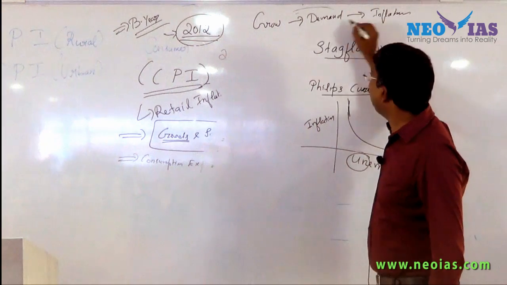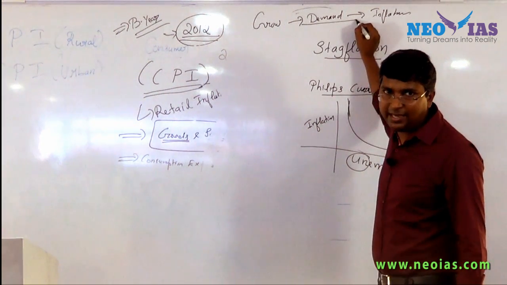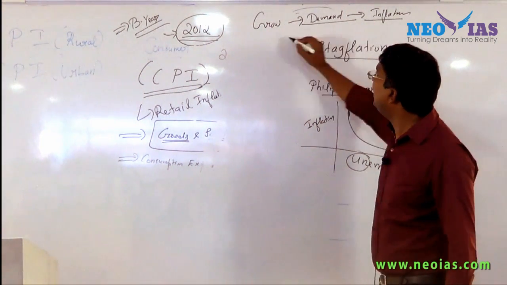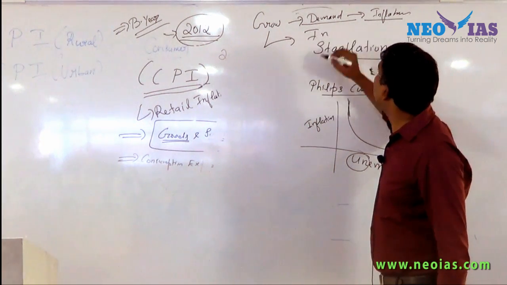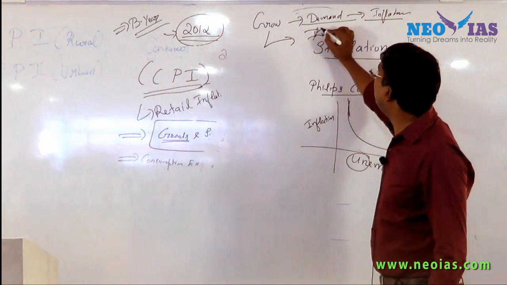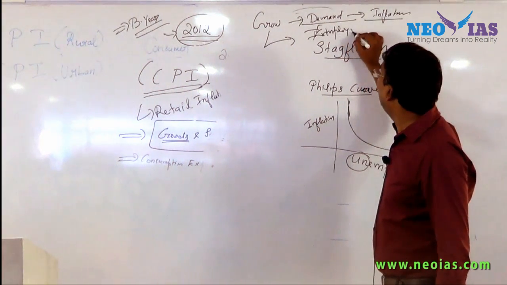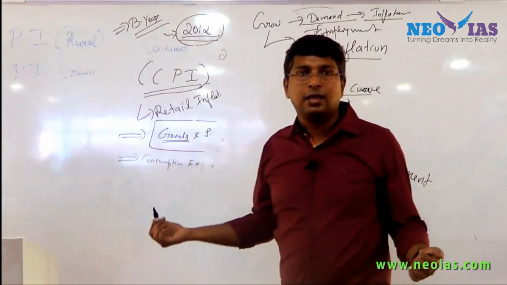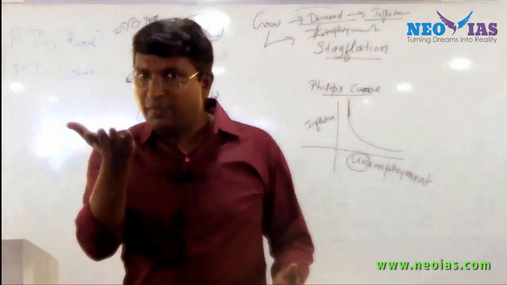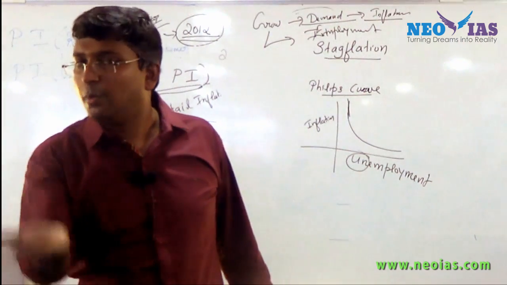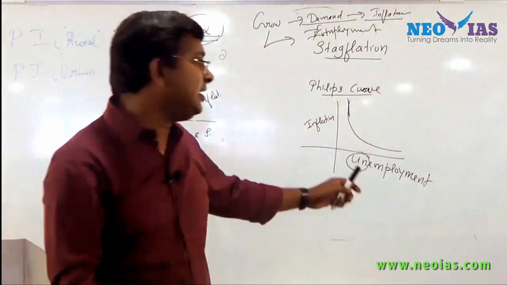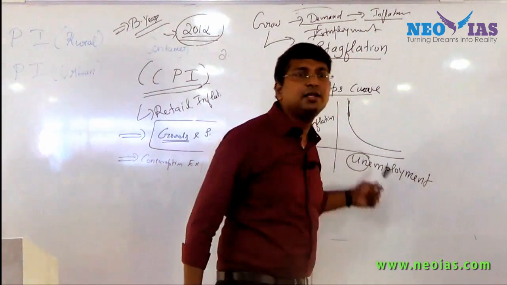Economic growth results in increased demand, which results in inflation. Economic growth also results in employment opportunities. So when there is inflation, it's because of economic growth, and naturally economic growth results in employment. This is the reason why he came up with this concept.